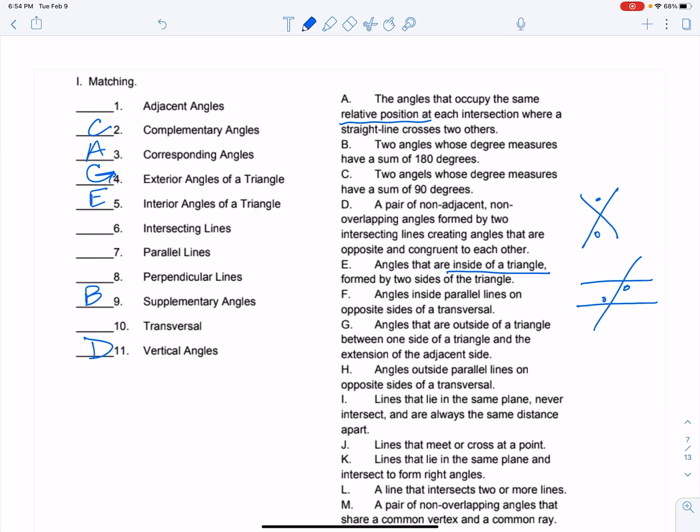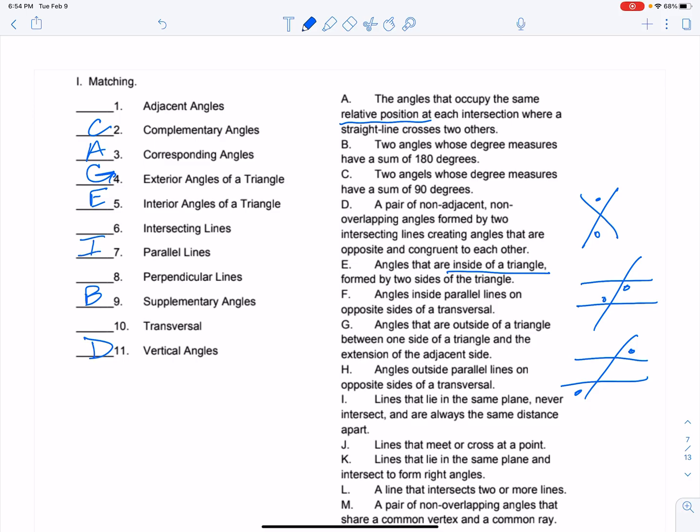Angles outside parallel lines on opposite sides of a transversal. Again, what we're looking for are those angles, and those we know are alternate exterior angles. Again, that's not one of the words that we have to look for. Okay, I, lines that lie in the same plane, that never intersect, and are always the same distance apart. Those are parallel lines.